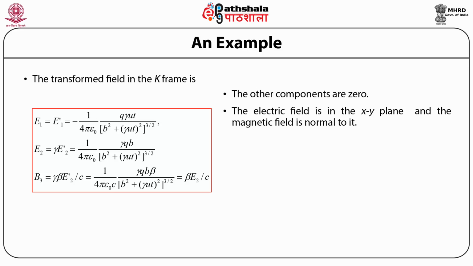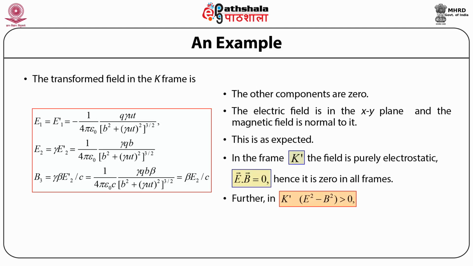So the electric field is in the x and y plane, and there is a magnetic field which is normal to the electric field, and this is as expected. While in the k prime frame of reference we only have a purely electrostatic field due to the moving charge, the vector E dot product with vector B is equal to 0, hence it is 0 in all frames.